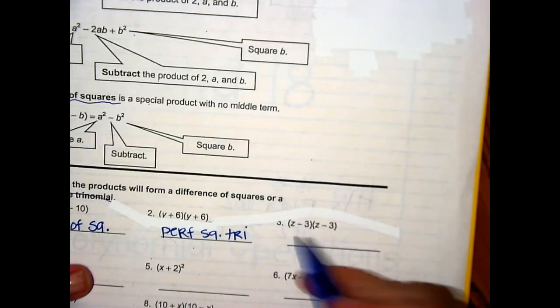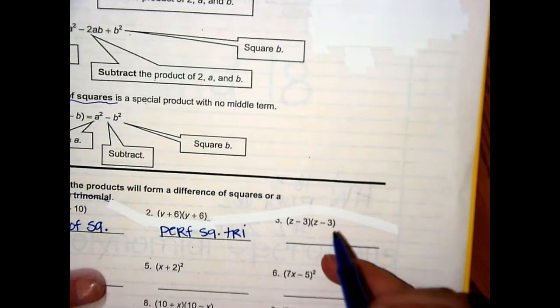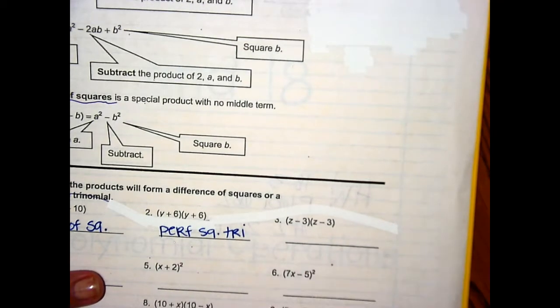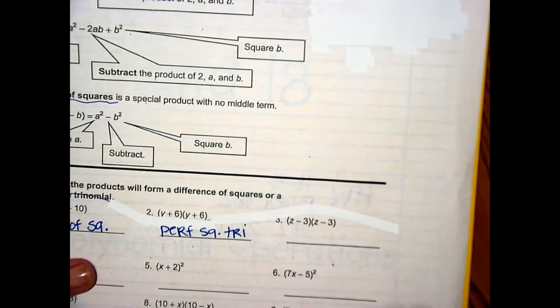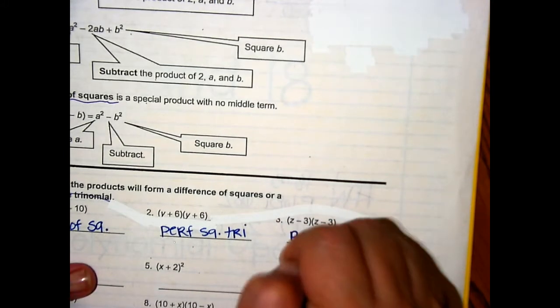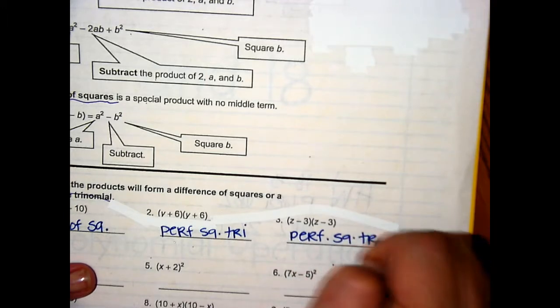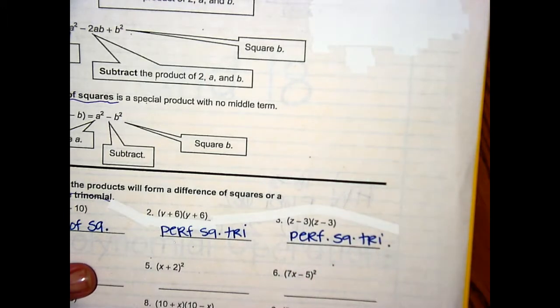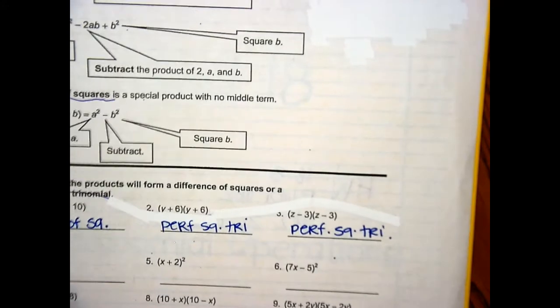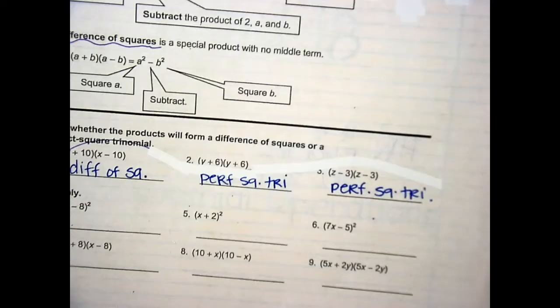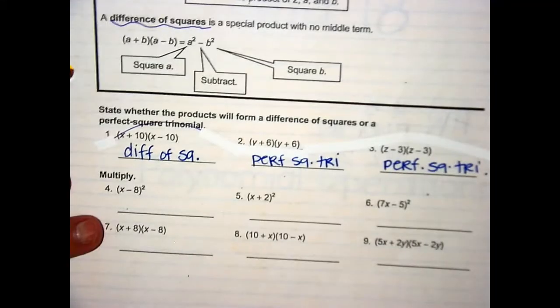And then z minus 3 times z minus 3, again, it could be written using the square on the outside, so this is again a perfect square trinomial. So recognizing them is part of figuring it out.